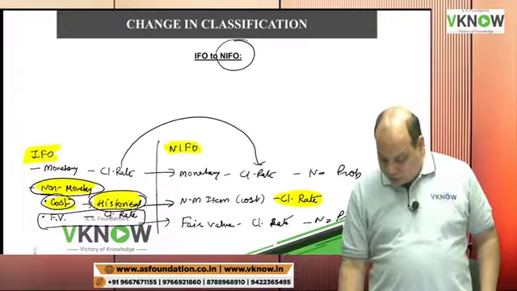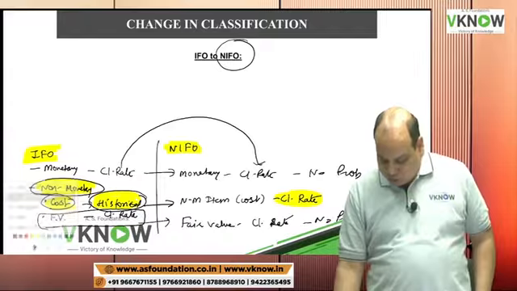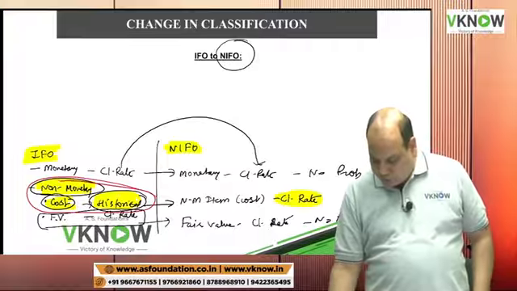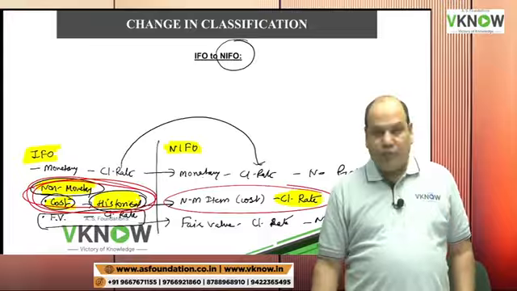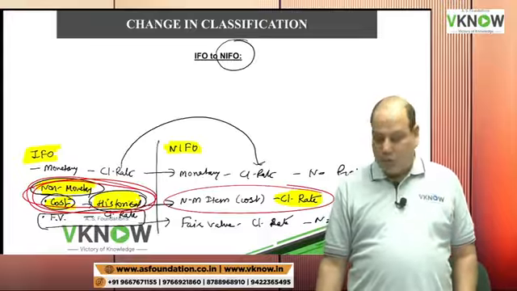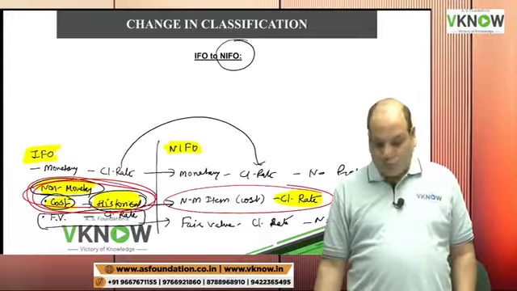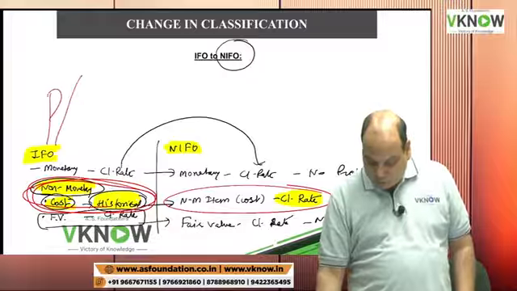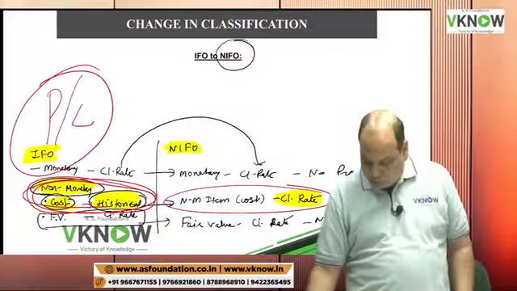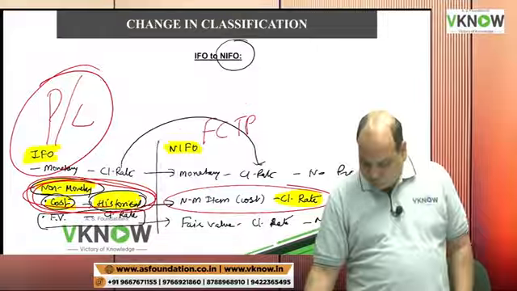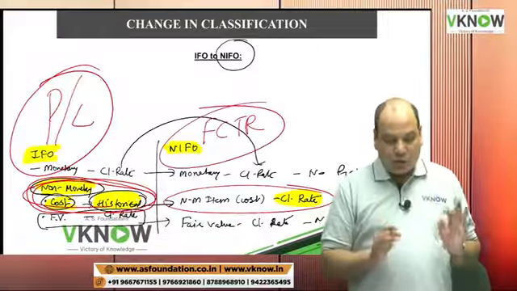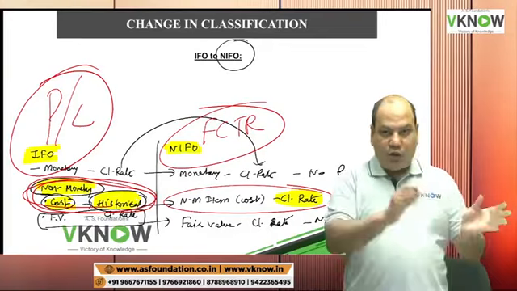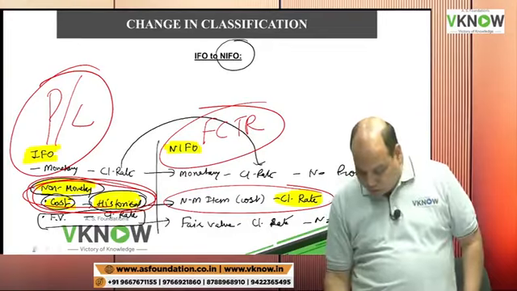In integral operation accounting, non-monetary items which are carried at cost are measured at the historical rate, whereas in non-integral, the closing rate. Here the difference goes to the P&L account, here the difference goes to FCTR. So we are moving from integral to non-integral.